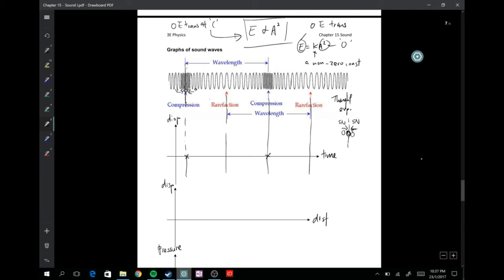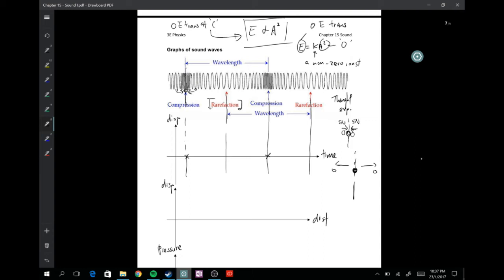Then how about rarefaction? Do you think there's transfer of energy? Now, if this analogy of particle is the same, this is the rarefaction point. Things are going to spread out away from it so far that it's not going to transfer energy to anyone. It's unable to do so.